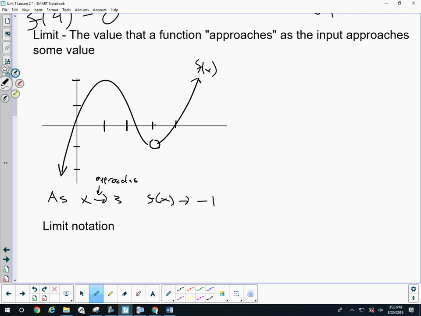As we got close to 3, this function is approaching the y-coordinate of -1. For g of x, as x approached 1, g of x approached 3.